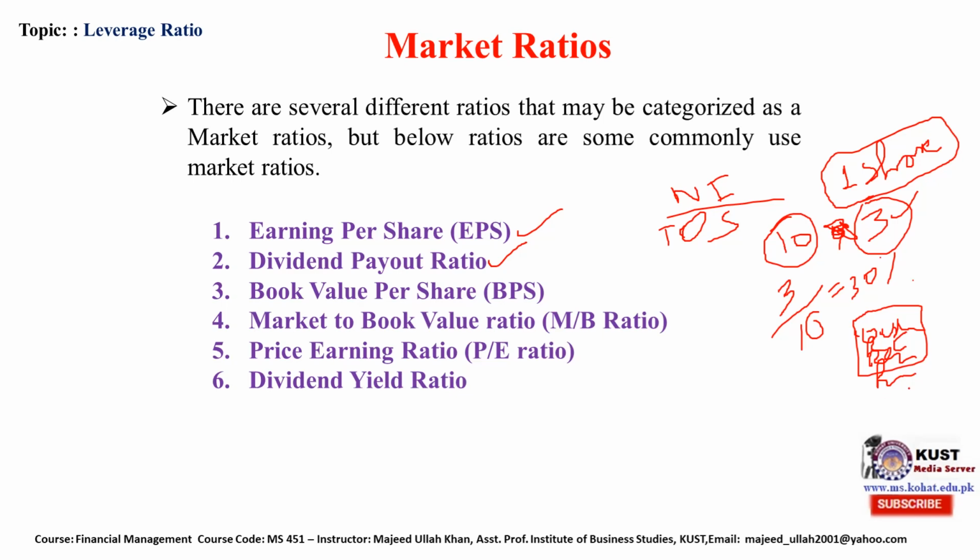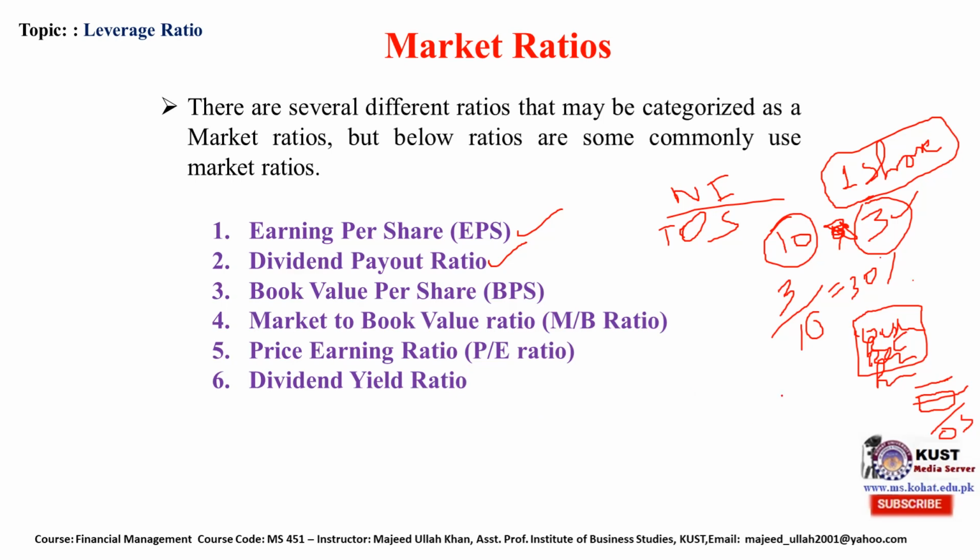All these things constitute one figure which we call the book value of the equity. Now book value per share means this total value of this portion of the balance sheet divided by outstanding shares.